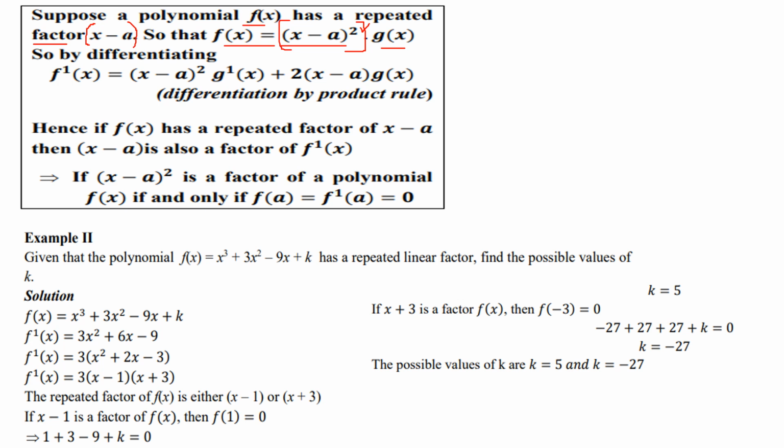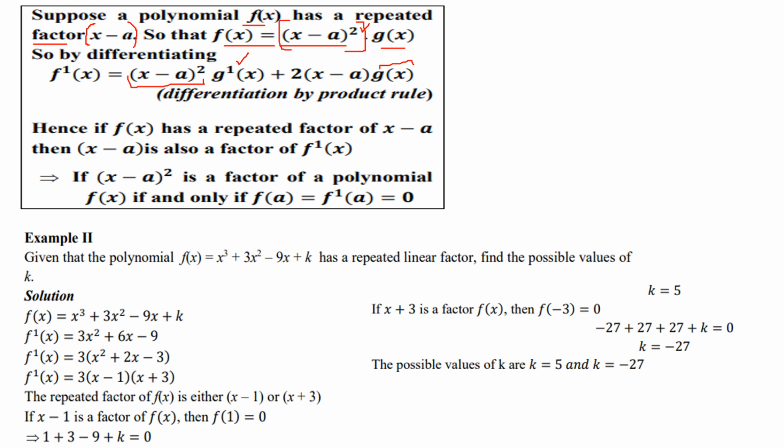After leaving this constant and differentiating the polynomial g(x), we get g prime of x. The prime denotation indicates that you have differentiated the polynomial function g of x. And then plus, as the product rule says, you leave the polynomial g(x) constant, and then you differentiate your bracket.